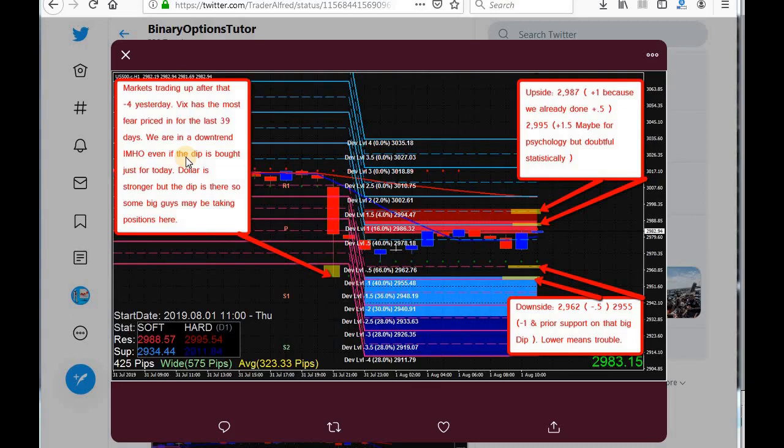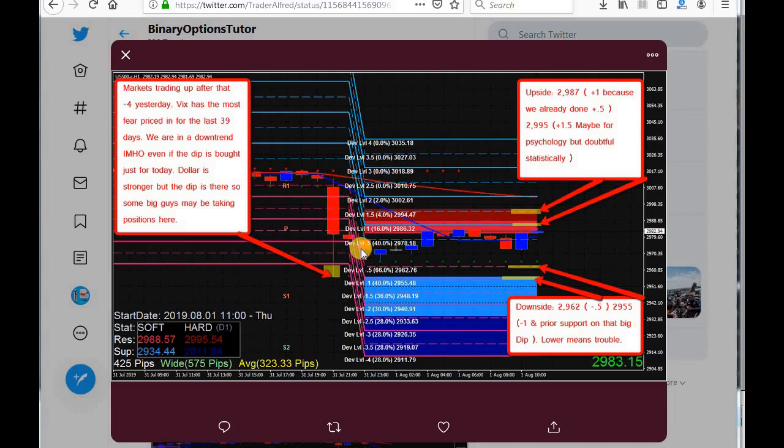There's an old saying that goes: when the VIX is high, it's time to buy, and when the VIX is low, it's time to go. That's great. It's cute. It's easy to remember. And I'm showing you this particular tweet here just to make a point.